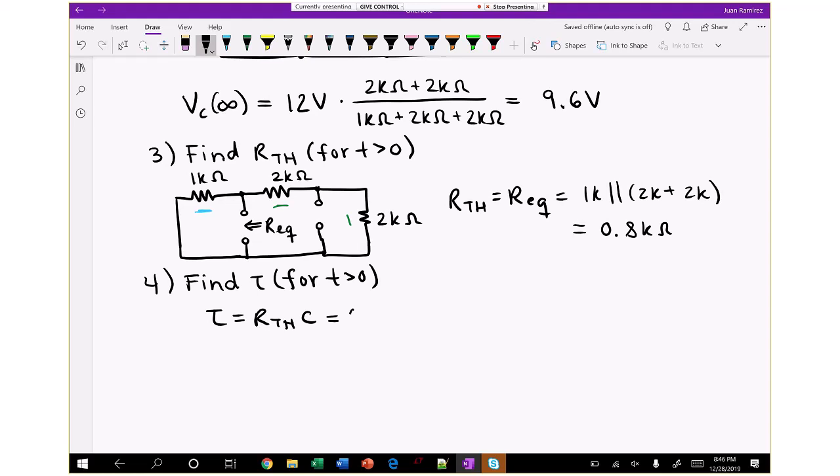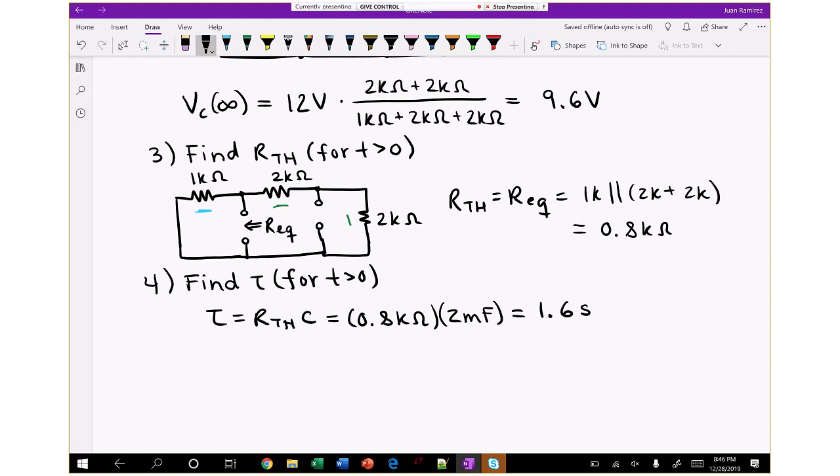In this case, it'll be 0.8 kilo ohms, and the value of the capacitance is 2 millifarads given in the initial circuit. Ohms times farads will give you seconds, so make sure you take that into account with your units. But you'll end up with 1.6 seconds.